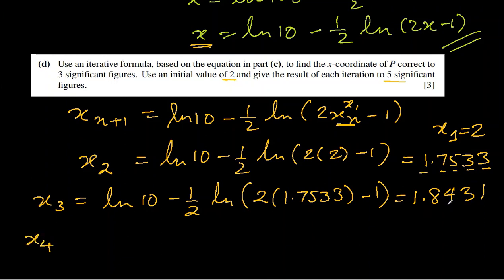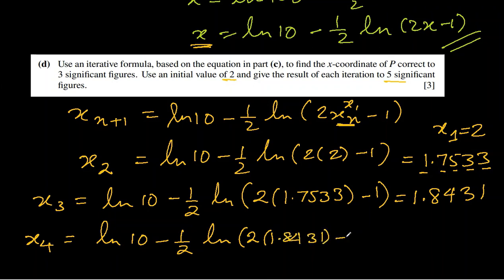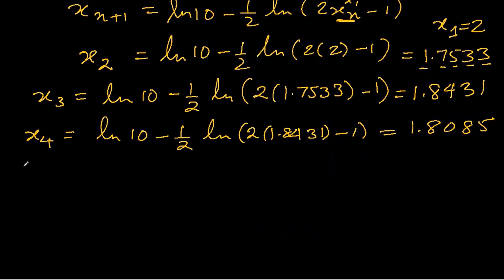They are not equal yet to 3 significant figures, so I'll continue. ln 10 minus half ln of 2 times 1.8431 minus 1. What I get here is 1.8085. Okay, let's move on.